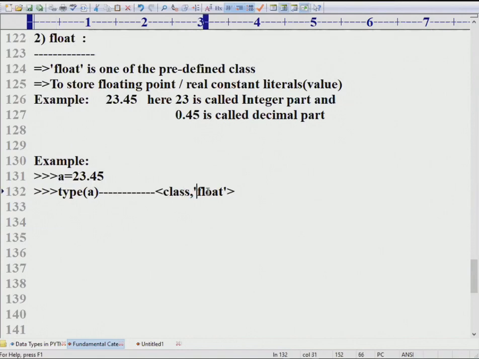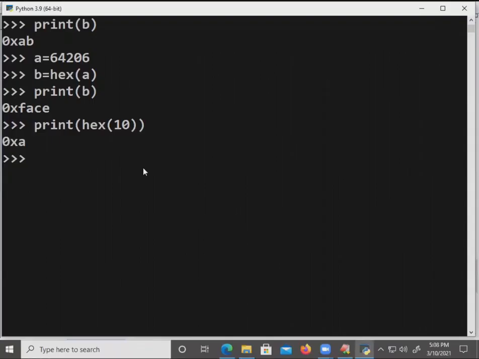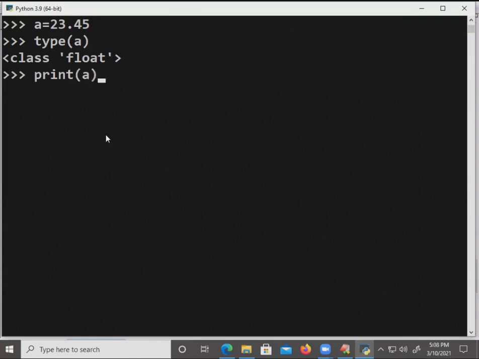An object of the float class. Check it out. Say a equals 23.45, type of a prints class float, and print a prints 23.45.